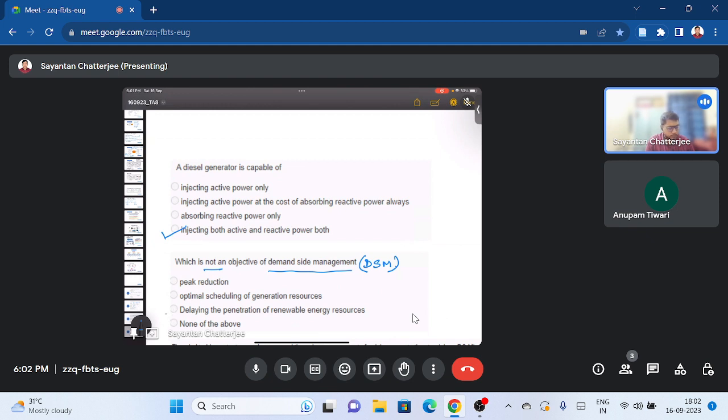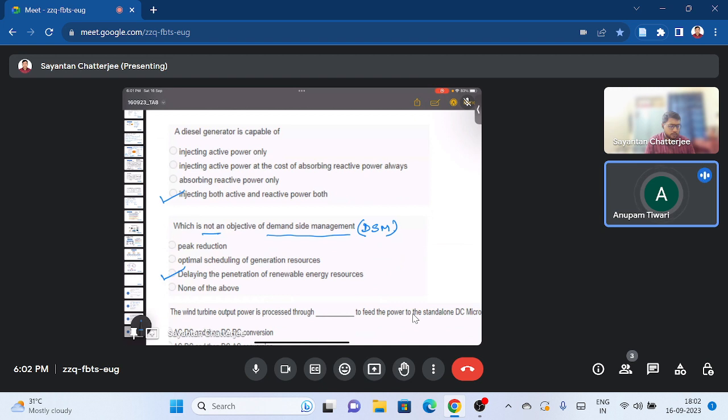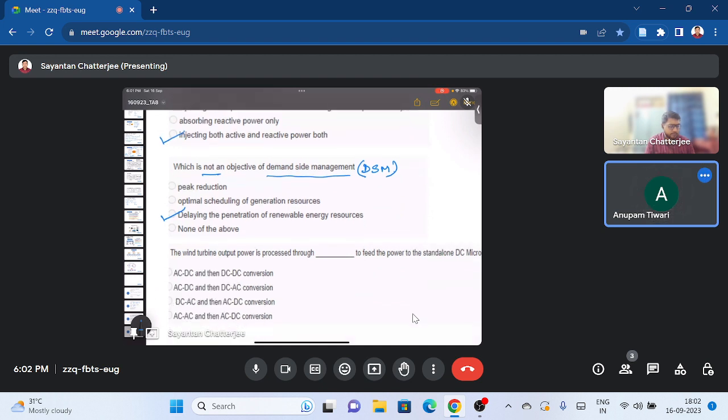So it would be delaying the penetration of renewable energy resources. This is not an objective function.